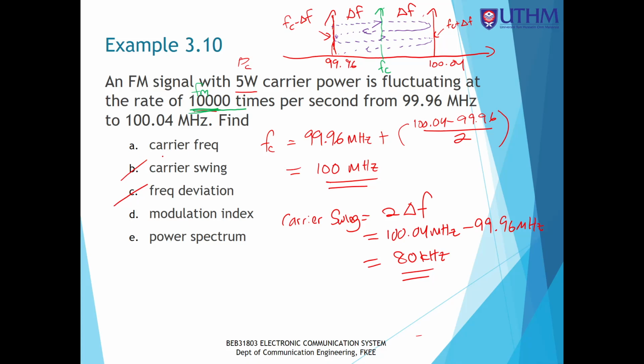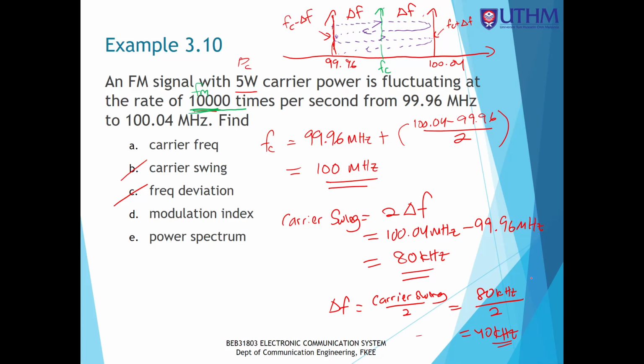Find the frequency deviation. Frequency deviation delta F is equal to carrier swing divided by 2. So 80 kilohertz divided by 2, we get 40 kilohertz of frequency deviation.